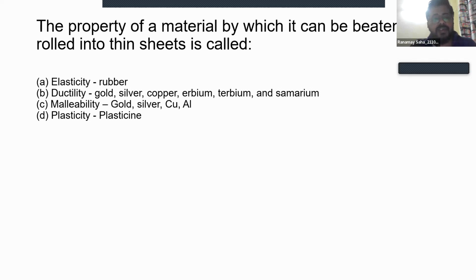As a result, ductile materials can be drawn to a larger extent, and malleable materials can be forged or reduced in thickness to a larger extent. Some materials are both ductile and malleable to some extent. They have both the properties.